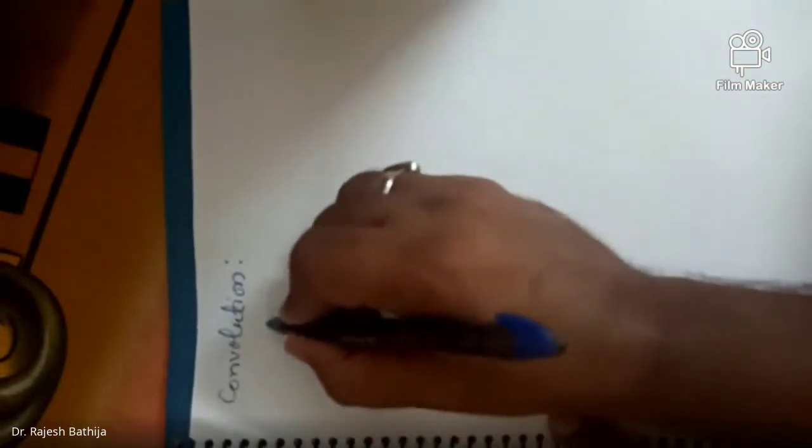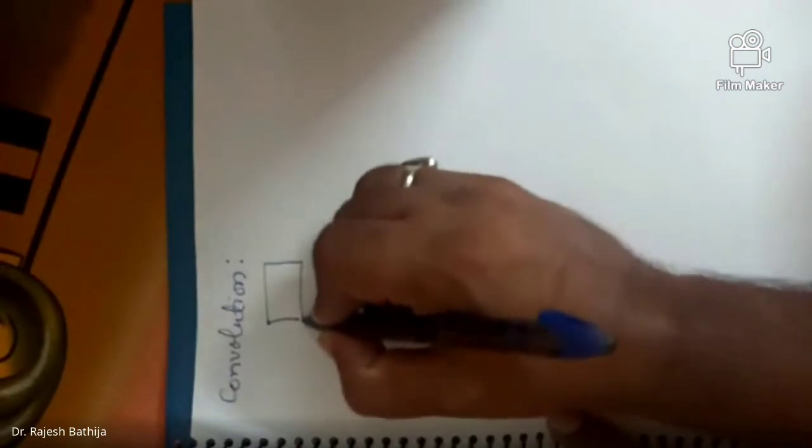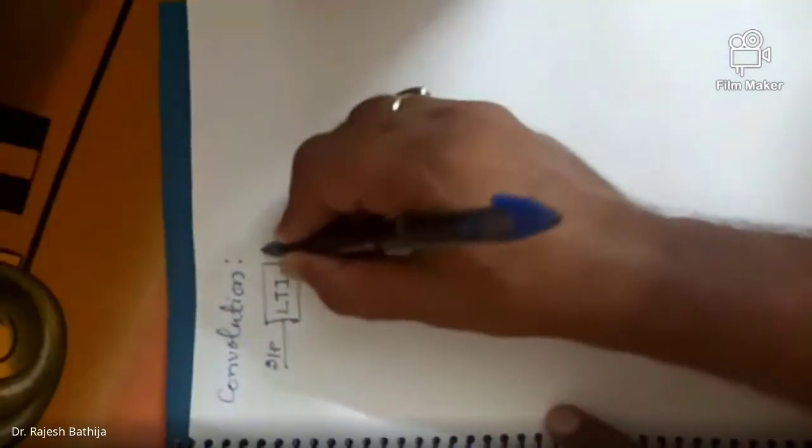Okay. Now, in the previous class, we have done the convolution. Convolution is the basic property of an LTI system. This is an LTI system, and input is there and output is there.